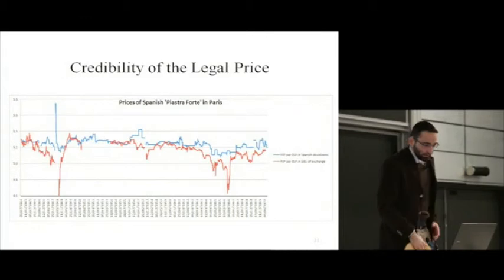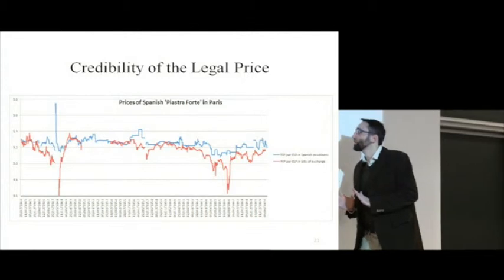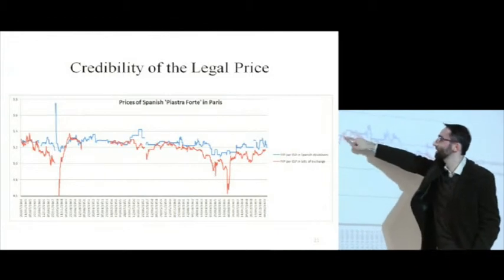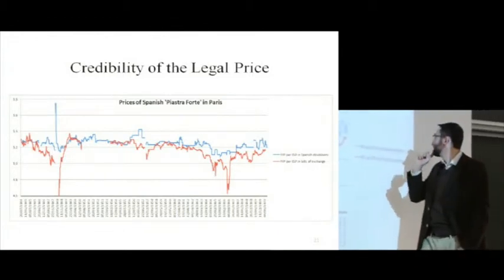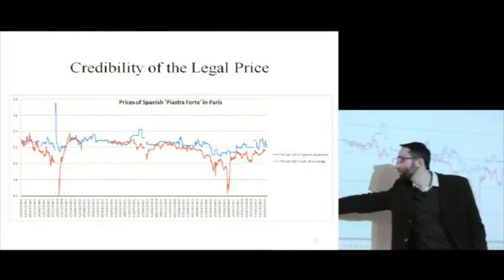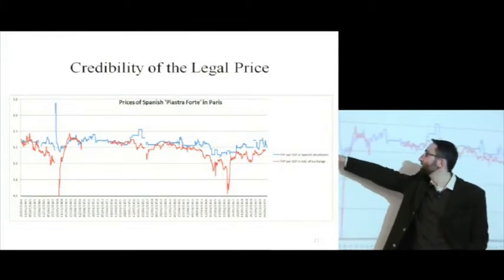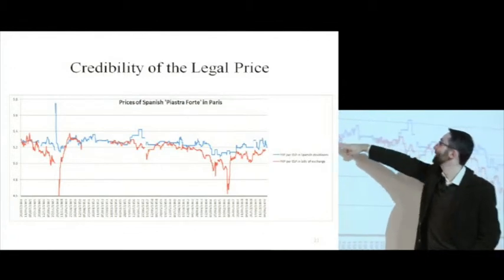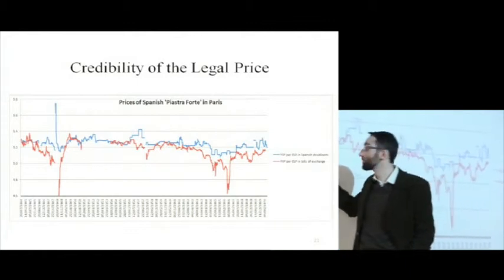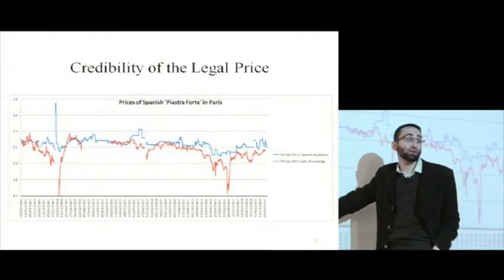And in fact, this is what we observe, because here you see in blue, again, the price of the Spanish doubloon, and here the exchange rate on Madrid in Paris. The two periods we observe when we have a realignment of the doubloon price to its actual content correspond to the periods when you have a collapse of the exchange rate on Madrid.